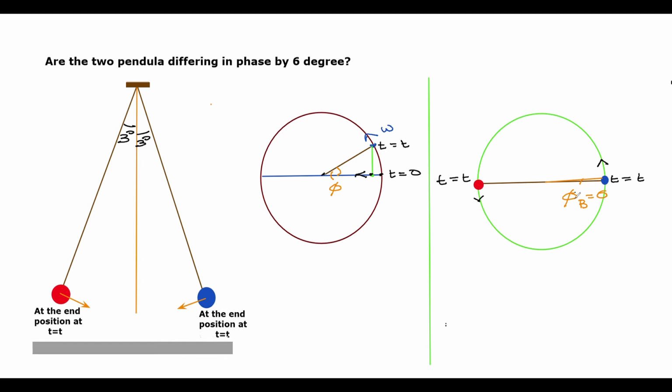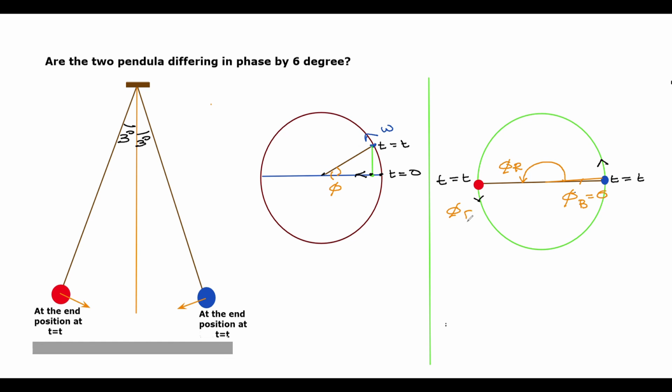And then what is the phase of the red particle at the same instant? It is given by this angle, and this angle is phi r. This angle phi r is 180 degrees.